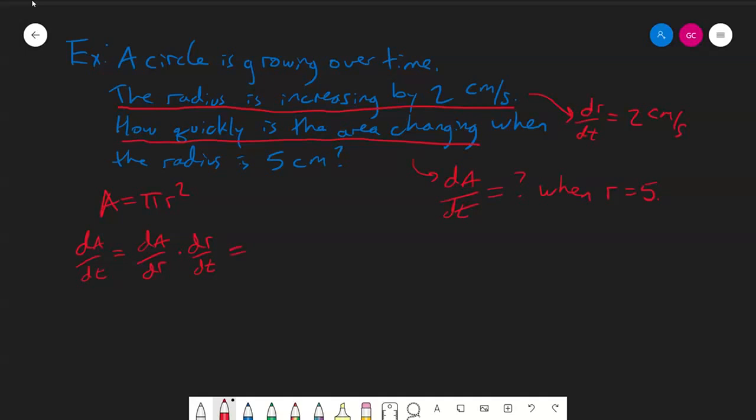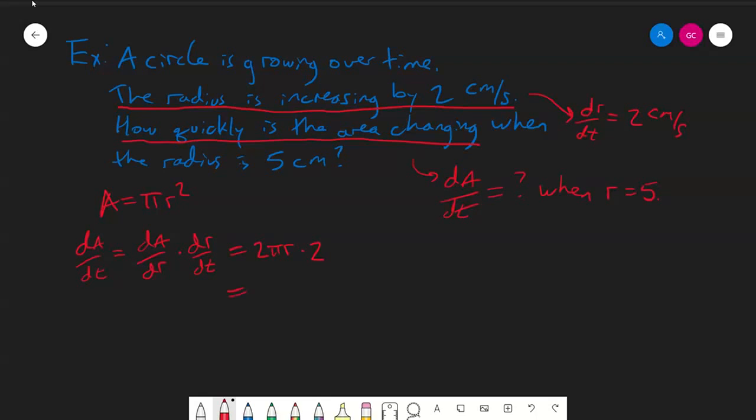And since I have a constant times r squared, the derivative of r squared is 2r. So in this case, I'll have 2 pi r for dA dr. And then dr dt, we said, was 2 centimeters per second. So times 2.